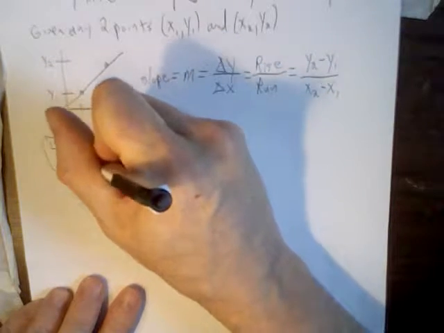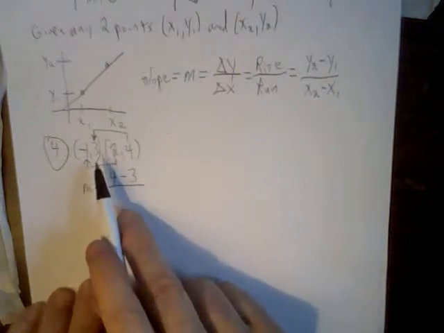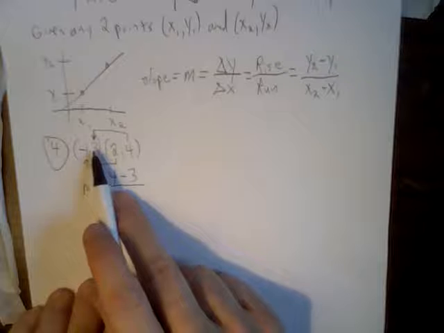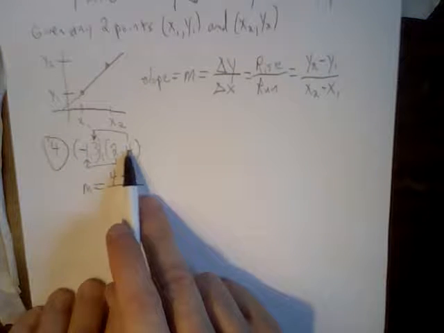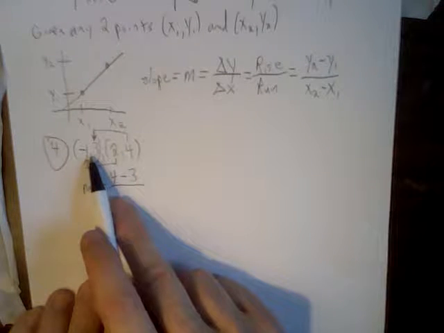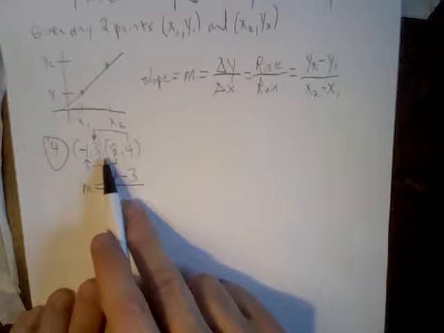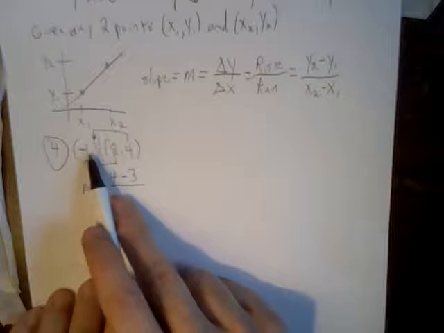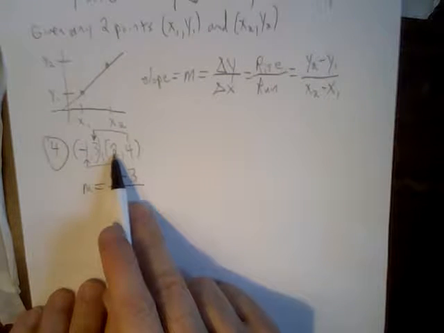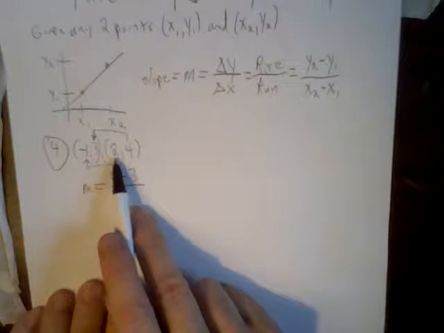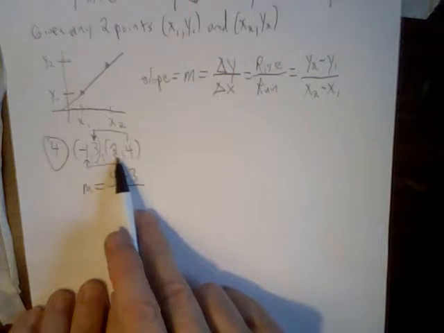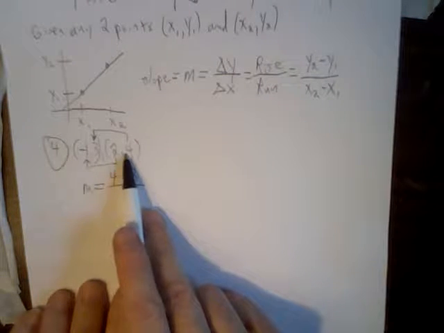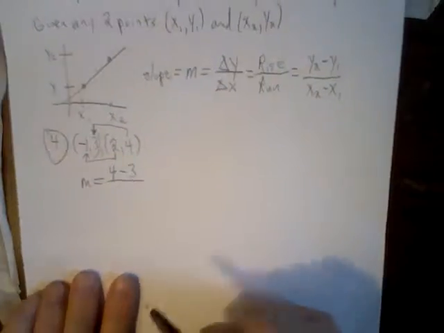You can mess this up, okay? So if you accidentally do it in the wrong order, so you do y1 minus y2 and then x2 minus x1, you won't get the right answer. You can go y1 minus y2 all over x1 minus x2 and get the right answer, but it's best just to pick a method and do the same thing every time, because there is a possibility of screwing it up if you're not careful.